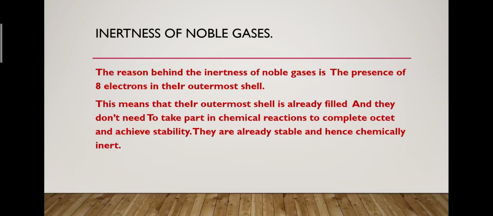Noble gases already have 8 electrons in their outermost shell, so their octet is already complete, their shell is already filled, and that's why they do not take part in any chemical reaction to complete their octet and achieve stability. They are already stable, and hence they are chemically inert because their octet is already complete.